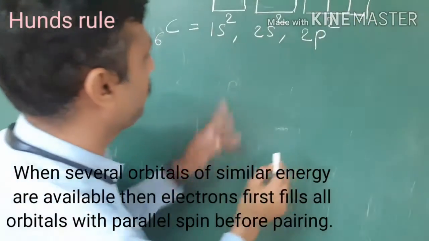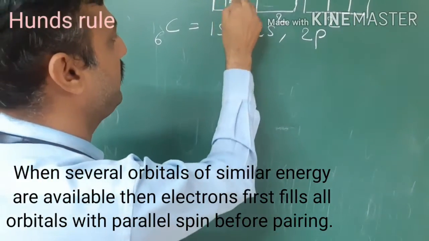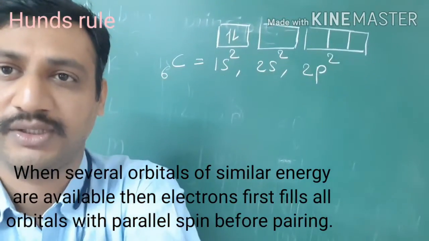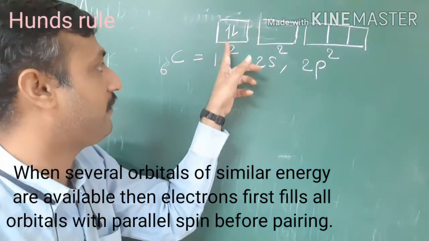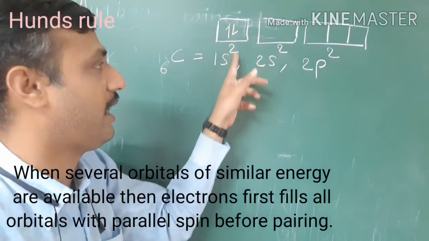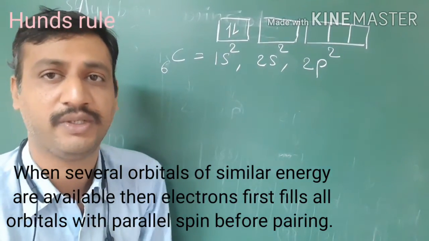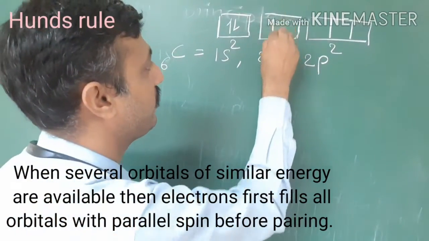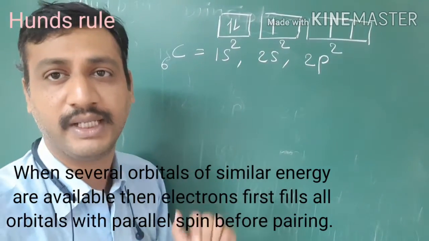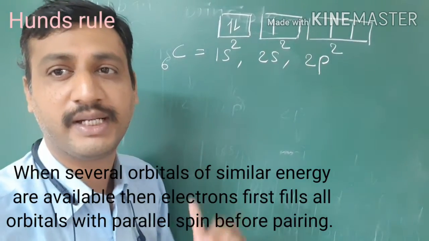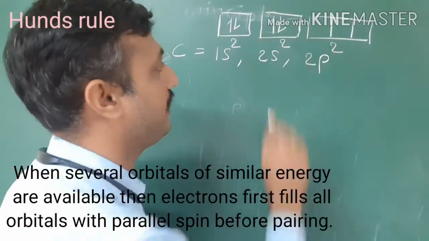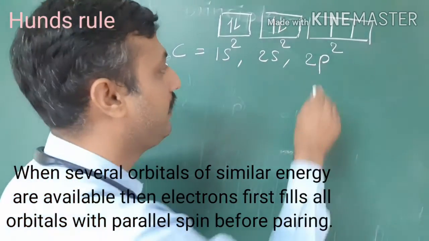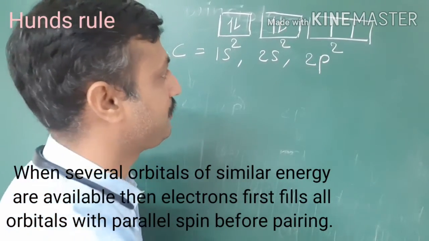So 1s consists of 2 electrons: first electron, second electron. That sign is for the electrons. A half-headed upward arrow means the first electron, a half-headed downward arrow means the second electron. Now 2s consists of 2 electrons. The first electron I showed by the upward half-headed arrow, and the downward half-headed arrow indicates the second electron, and here 2p consists of 2 electrons.